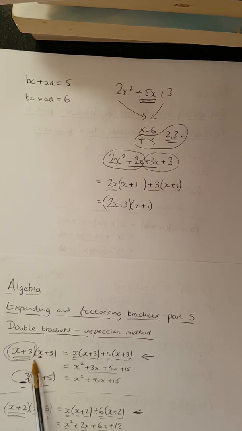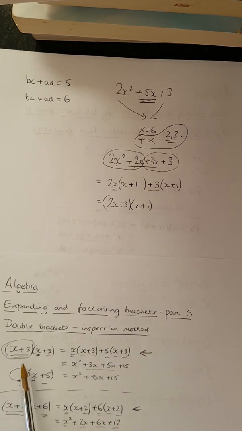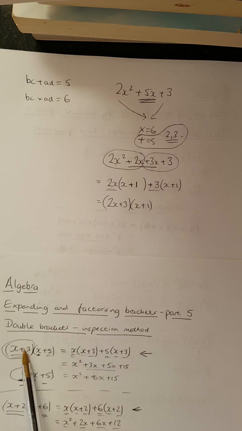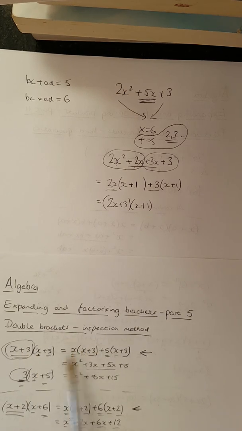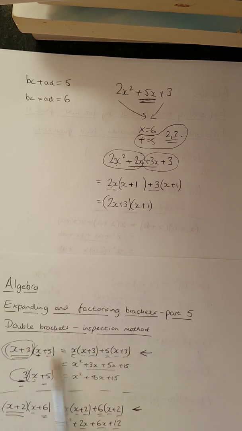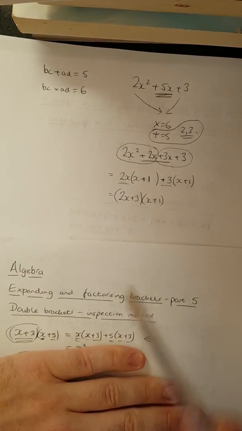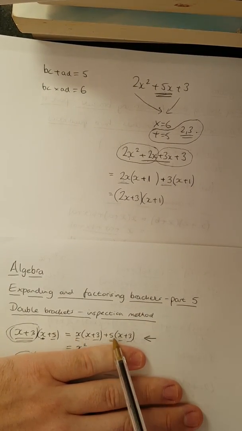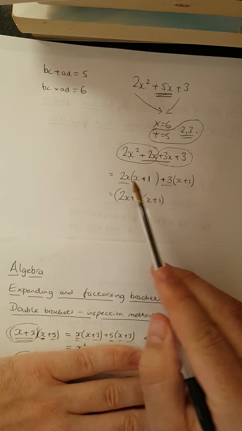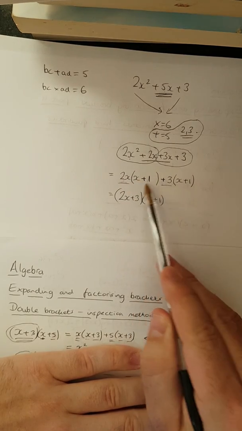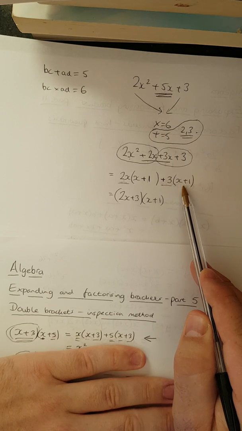So we start with 2 brackets. We do this bracket times x and this bracket times 5. So look at that line there. It's x lots of this and 5 lots of this. 2x lots of this and 3 lots of this.